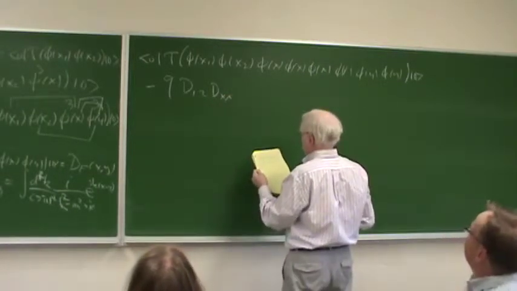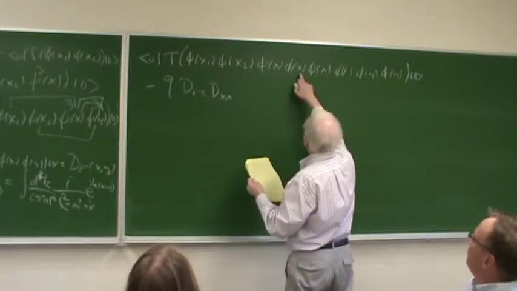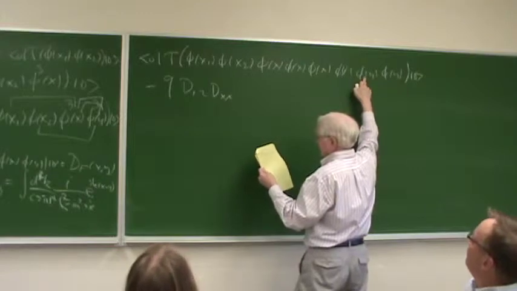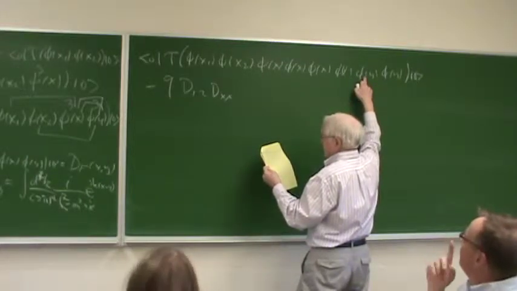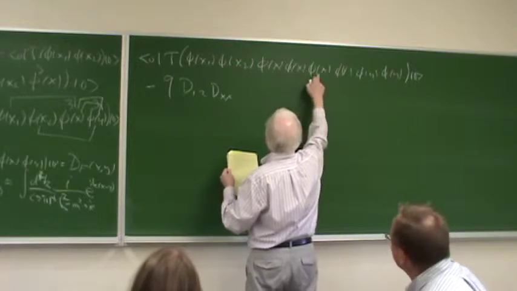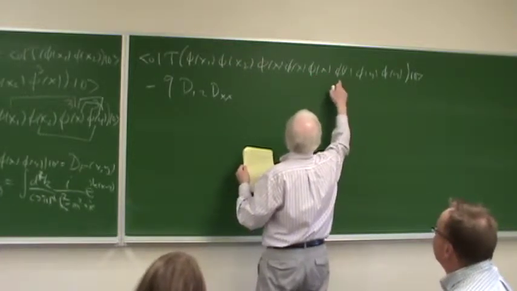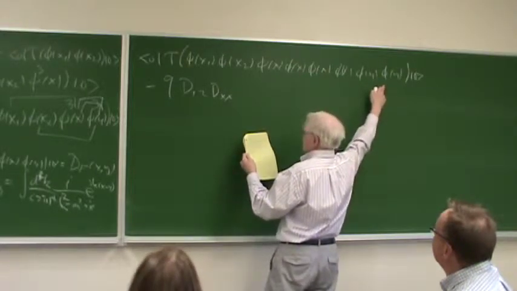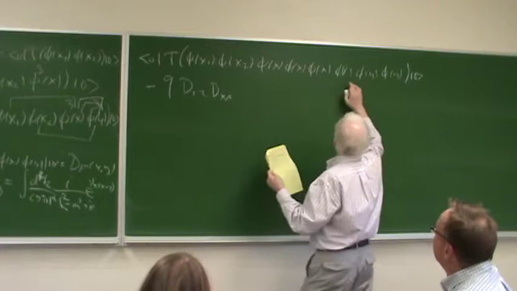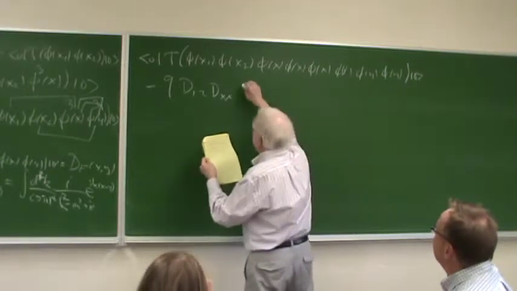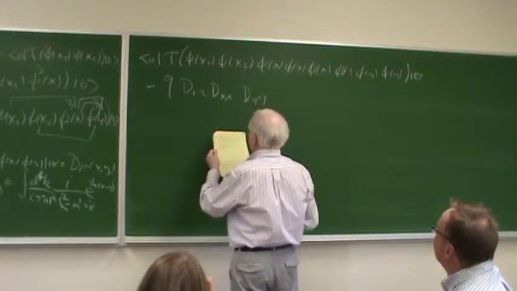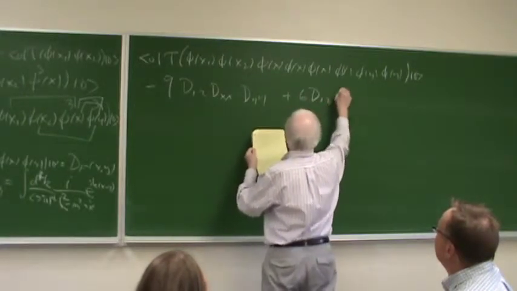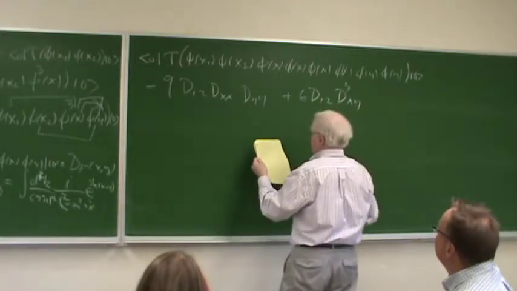And then we can have one of these contract with one of those, and actually that's the other 3. So one of these with one of these is 3, and then one of these with any one of these is 3, and then there's one of these with one of those, and that's Dyy. So altogether it's 9. And then there's a term that's 6 D12 D cubed xy.